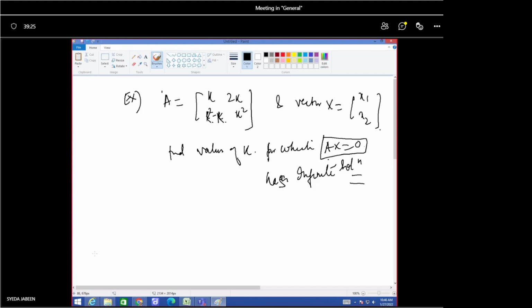If rank of A is less than 2, then it will be infinite solution. Yes, yes. What should I multiply with so that I can get A4 in terms of A? Simple, किससे multiply करेंगे? A से multiply करो तो क्या है? A4 minus A3, A2. What is my A power 4? Tell me.